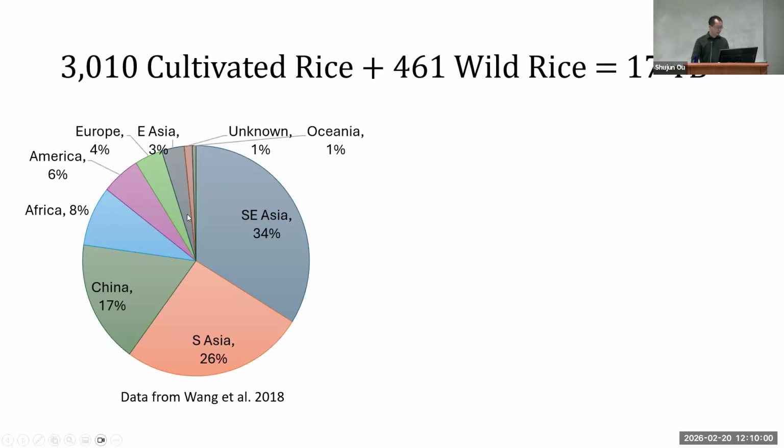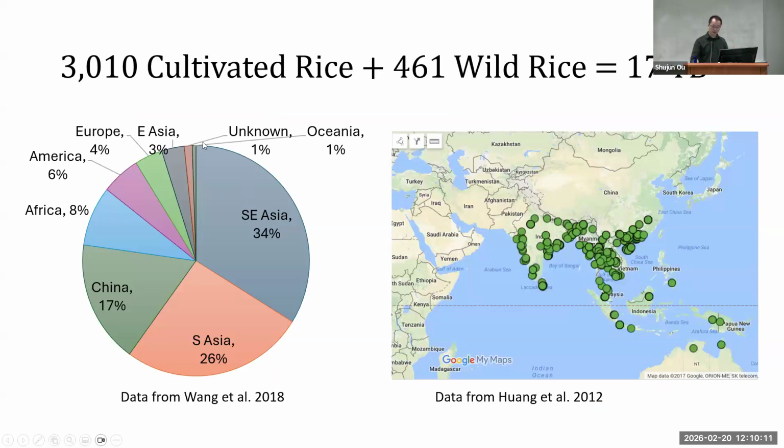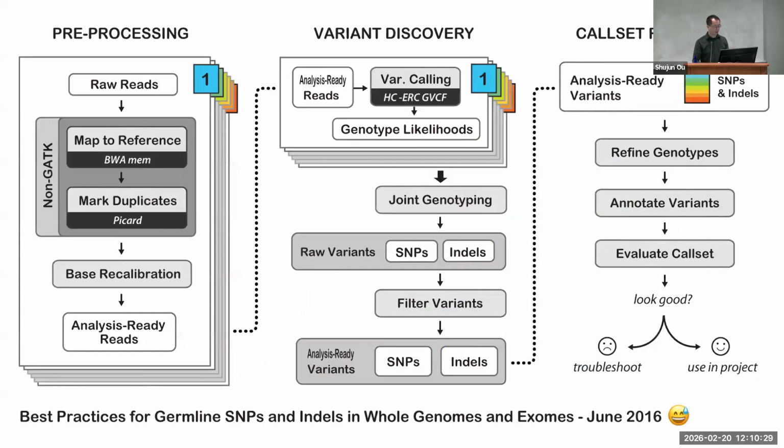The cultivated rice came from different origins, including China, South Asia, Southeast Asia, Africa, America, Europe, and East Asia. The wild rice, by GPS, is mainly located in southern China, South Asia, and even Australia. Combining this data allows us to look at both the wild direct ancestor and the cultivated rice, with different populations.